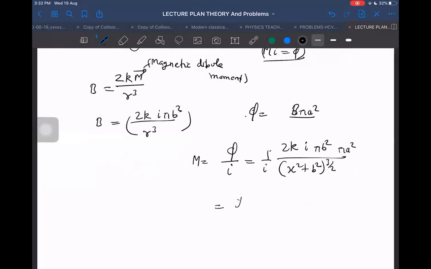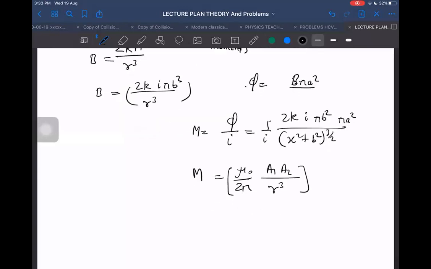Mu naught upon 4 pi, with 2 pi, mu naught upon 2 pi, into the area of one into the area of the other, upon the oblique distance R cube. In short form, I am writing it, it will be easy to remember if I write it this way.